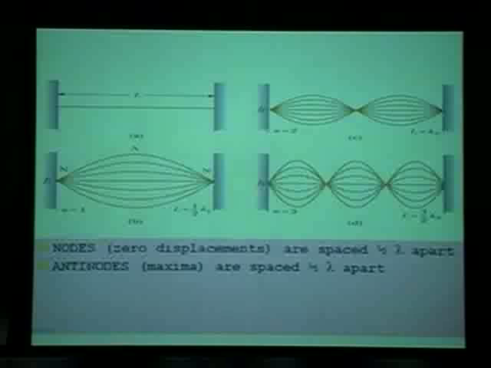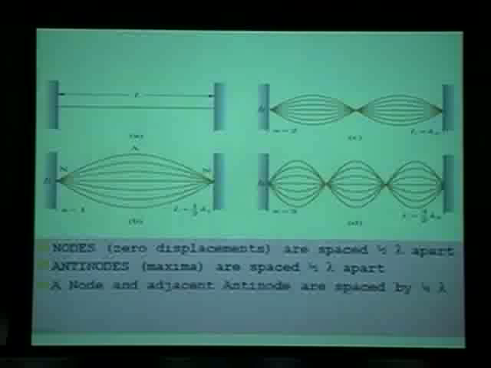So maximums are antinodes, and they are spaced in successive order, half a wavelength apart. So you can measure the wavelength by measuring the distance between either two nodes or two antinodes, and then multiply that distance by 2 for any standing wave. A node and an adjacent antinode are spaced by a quarter wavelength.